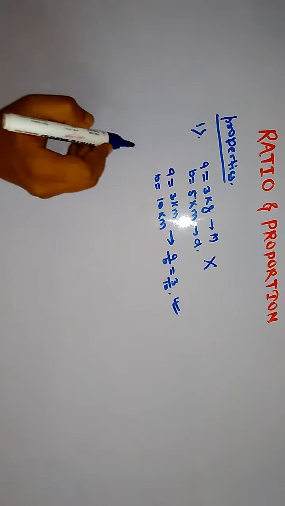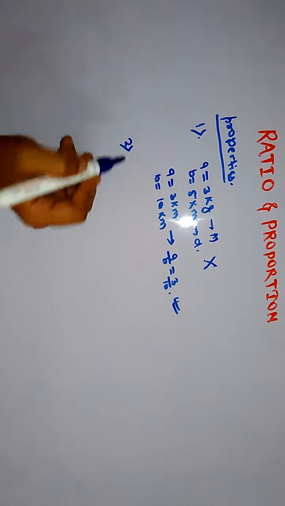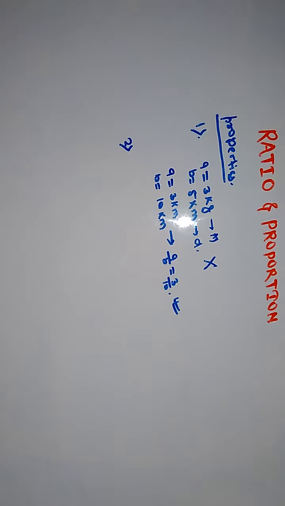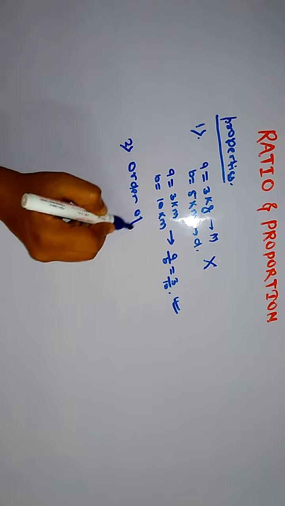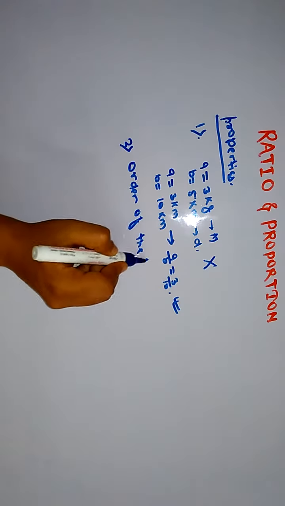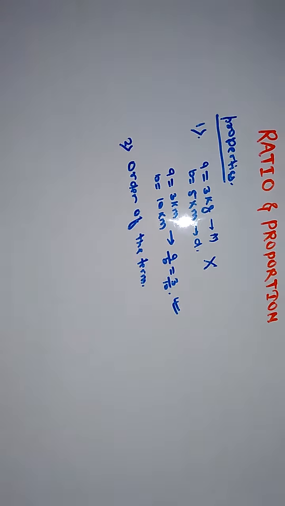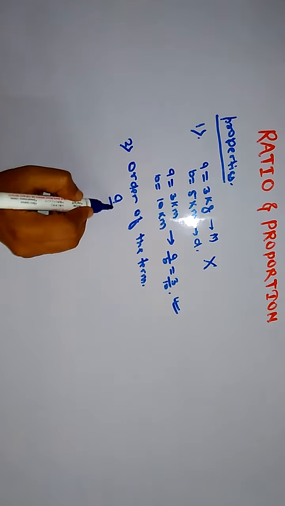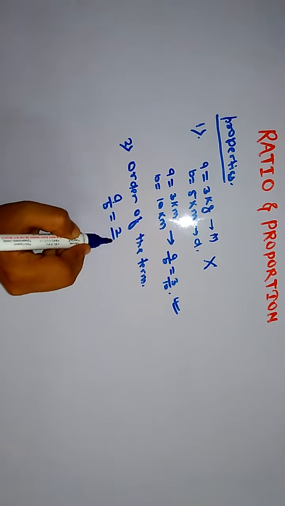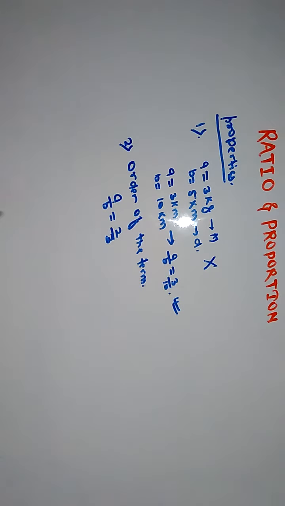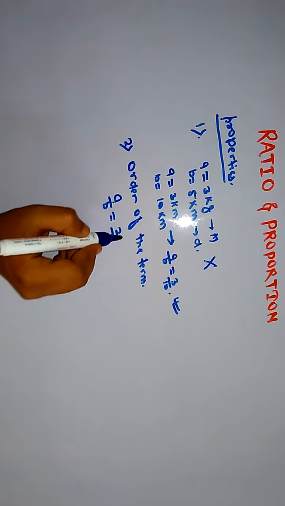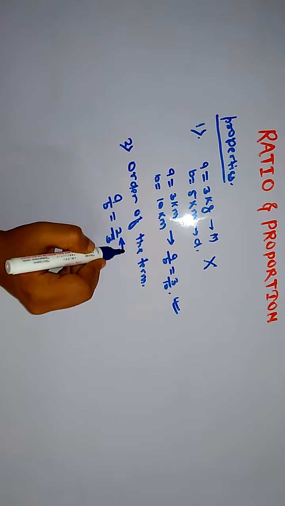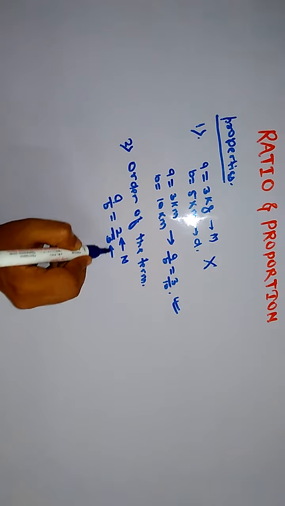The second property is that the order of the terms is very important. What do I mean by order of the term? Suppose a by b equals 2 by 3. Here 2 is in the numerator and 3 is in the denominator.